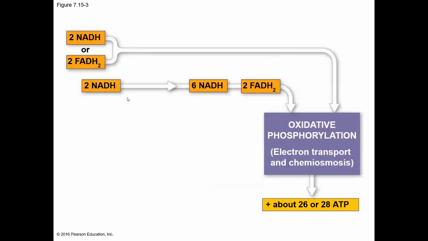So now we're combining everything from those processes: the NADH from glycolysis, the NADH from the pyruvate oxidation, the NADH and the FADH2 from the citric acid cycle, all shuttling electrons to oxidative phosphorylation. And that's going to end up giving us enough electron force to bring together ADP and the phosphate groups to form anywhere from 26 to 28 ATP.